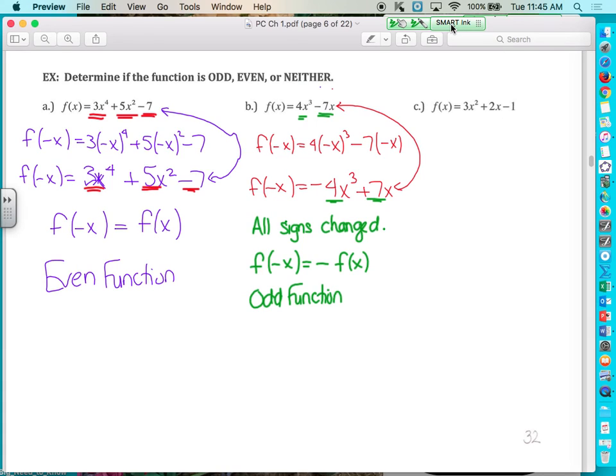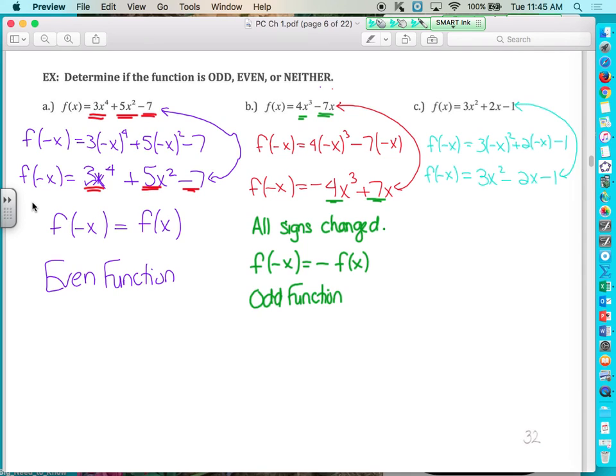So now every function doesn't have to be an odd function or an even function. You could have a neither. And if you look at this last one, if I do the same thing by plugging in negative x, negative x squared just stays x squared, so this is 3x squared. Negative x times 2 would be minus 2x, minus 1.